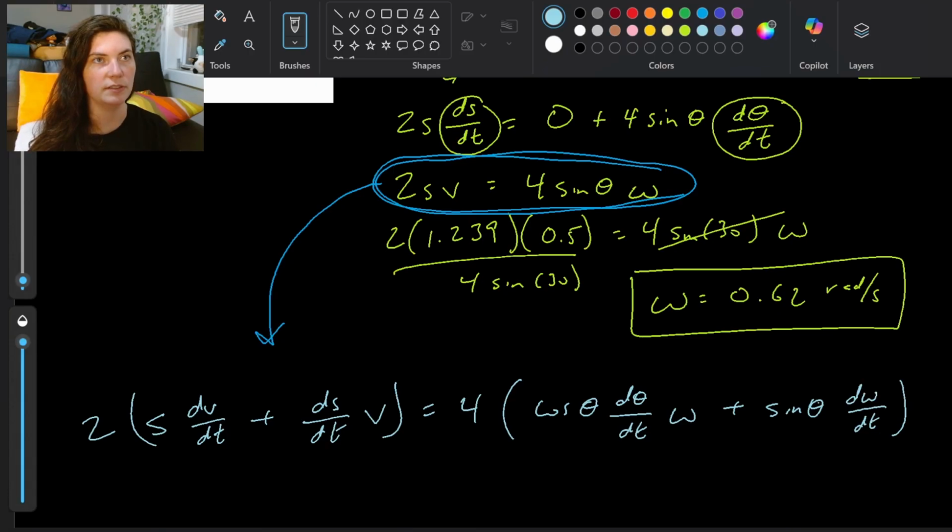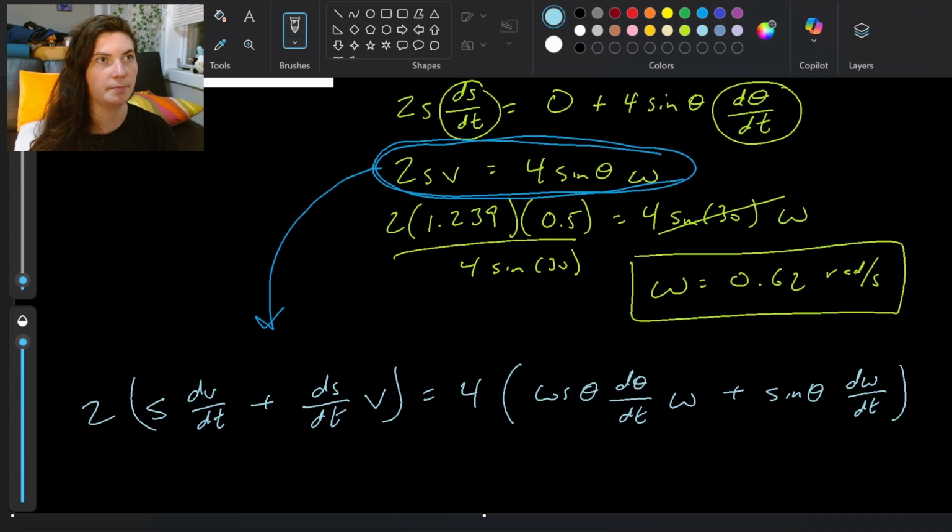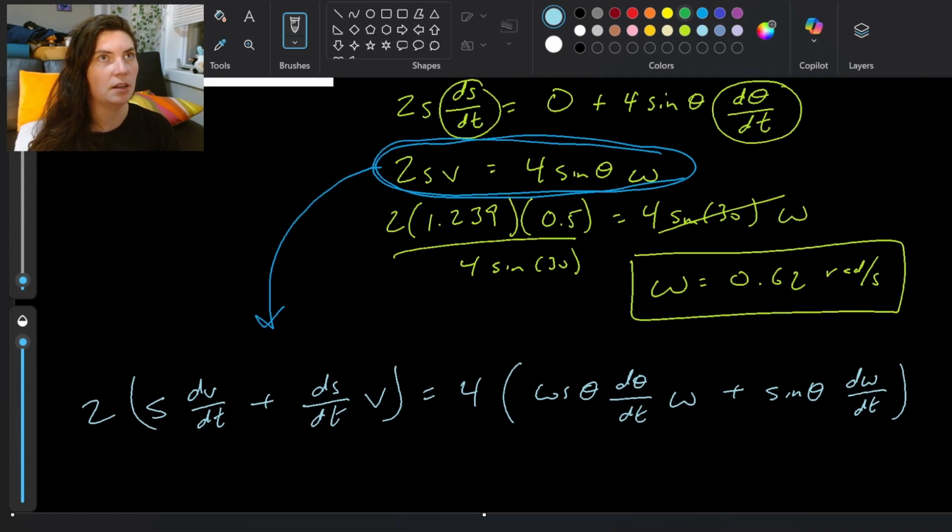All of those derivatives with respect to time. So I'm going to cancel out this 2, I feel like that's going to be easiest for me. I can cancel that 2 out with this 4, and that leaves me with a 2 on this side.